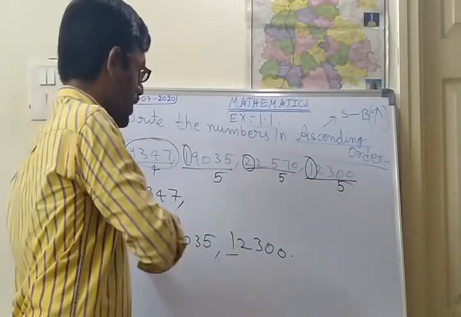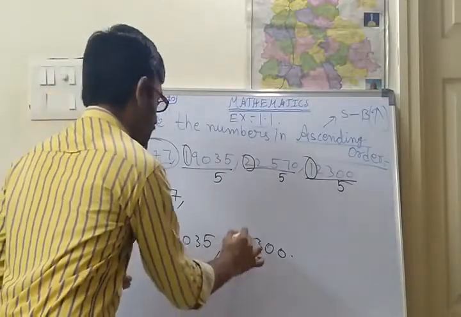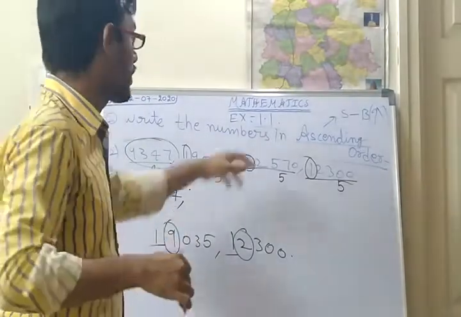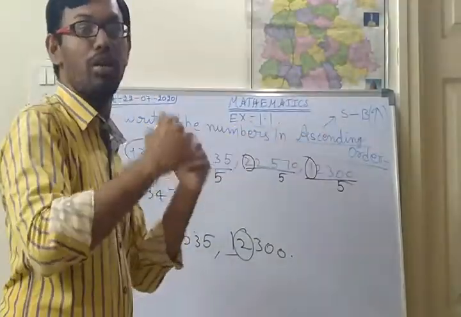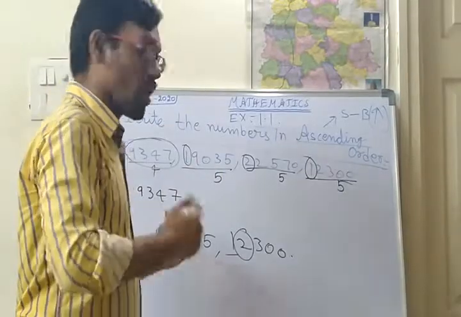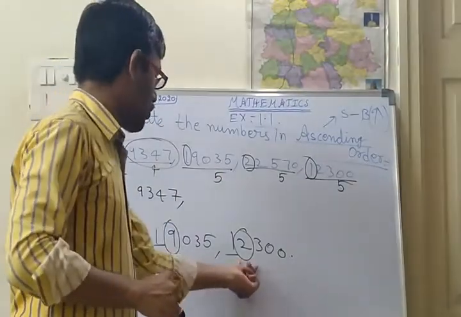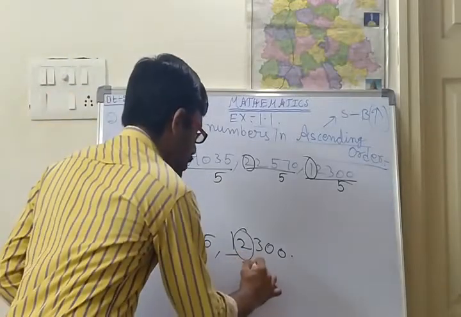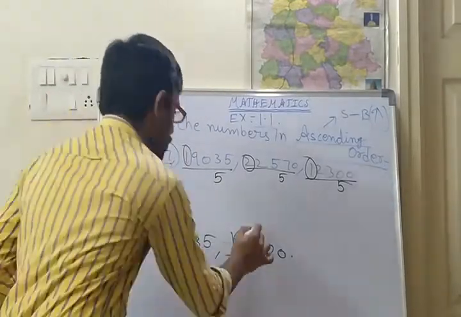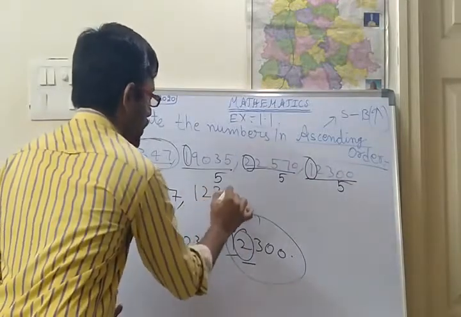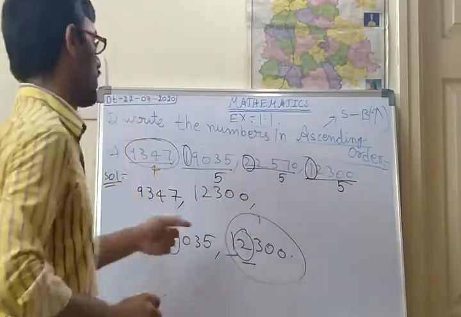So you should take the second digit. You should see which is the smallest digit, because ascending means small number to bigger number. So 9 and 2. Which is smallest? Obviously 2 is the smallest number. So 12300 is the next smallest number.